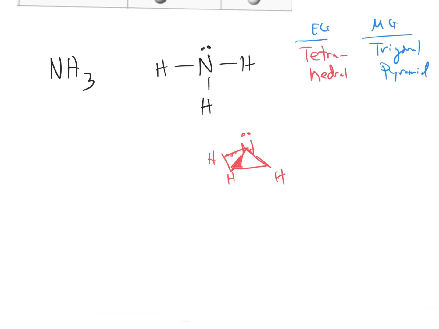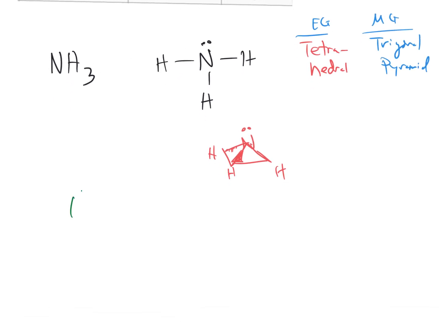And then let's do another one. Let's do H2O. That's what the structure looks like. Is it linear? No. What is it? What's the electron geometry called, guys? Tetrahedral.